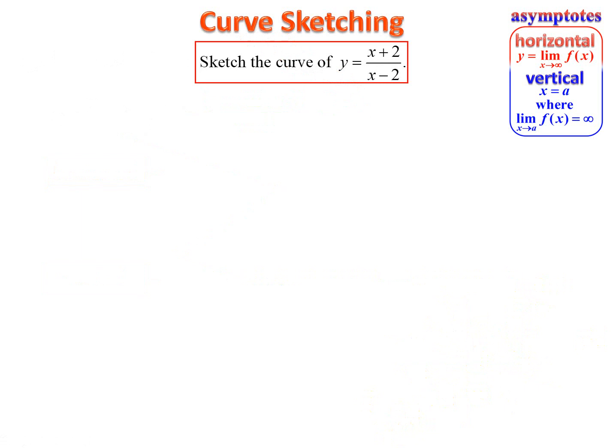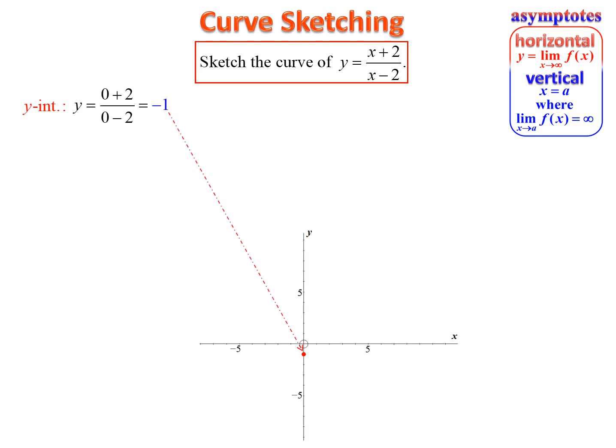Let's sketch a curve. So we're going to have to go the whole way. We're finding axis intercepts. We look to see if there's a turning point, everything. So let's find the y-intercept. Y-intercept when x is 0, and so negative 1.